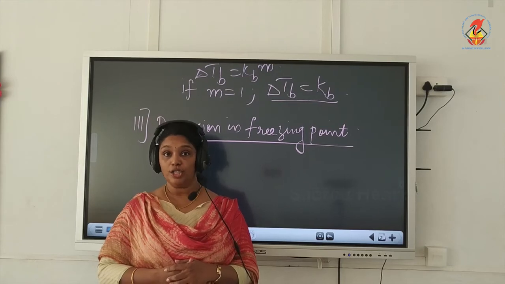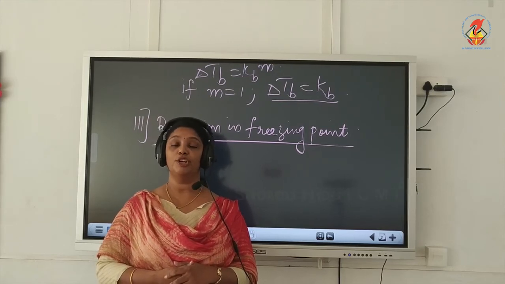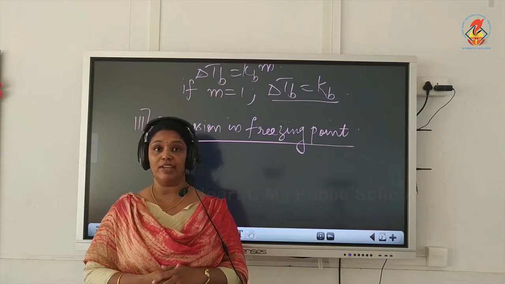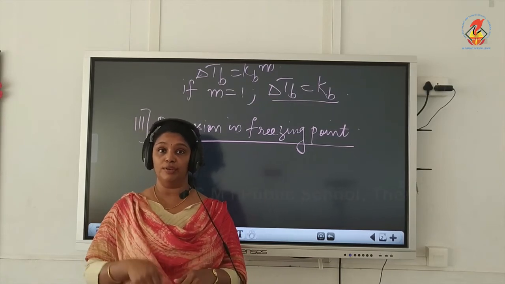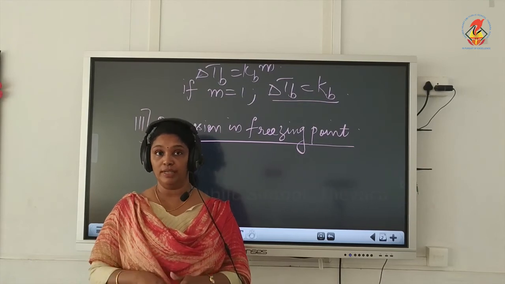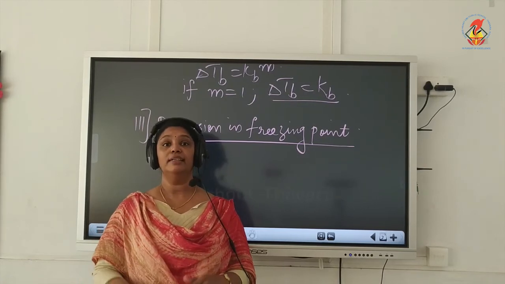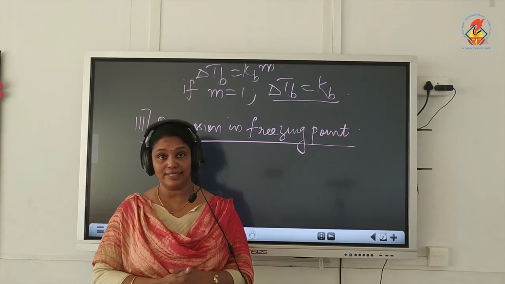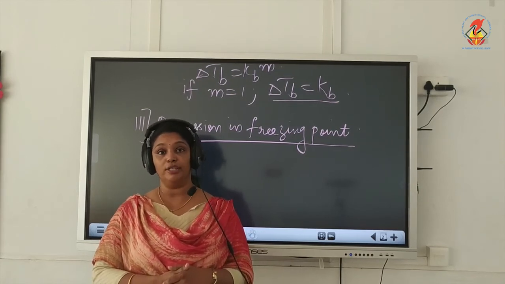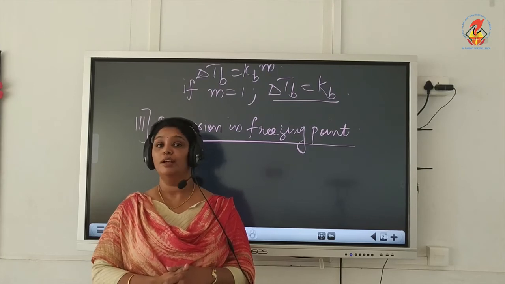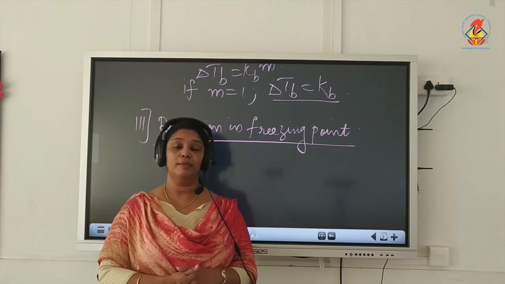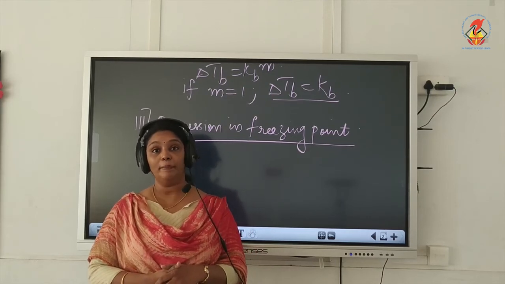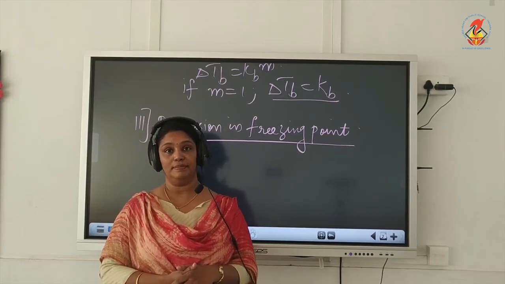So I should lower the temperature of the solution, and it should be lowered below the freezing point of pure solvent. So we can say that the freezing point of a solution is lower than the freezing point of pure solvent, and we call this depression in freezing point.